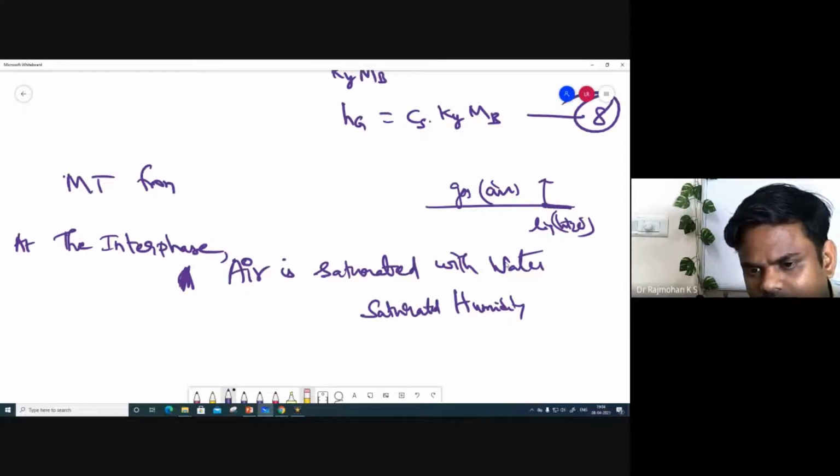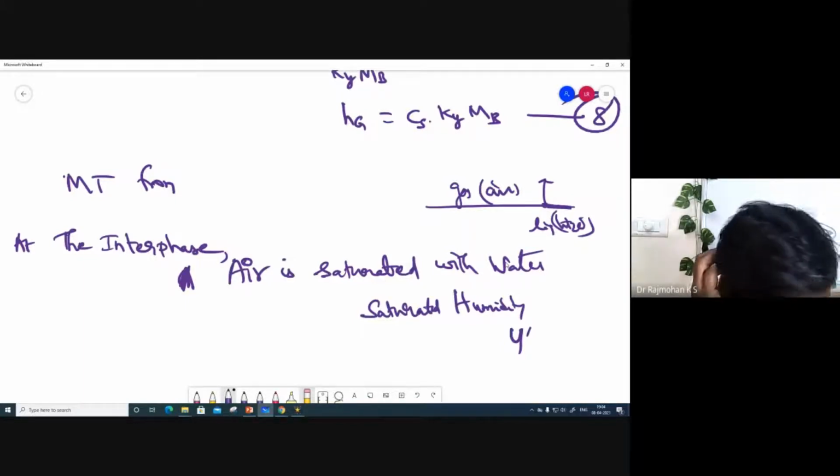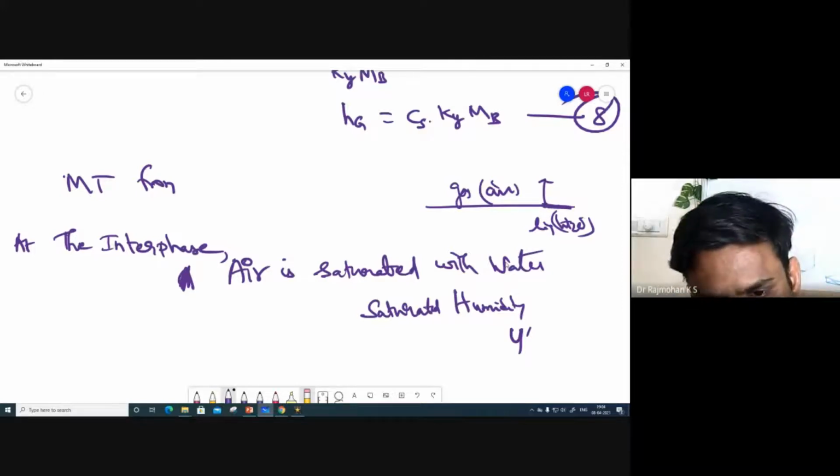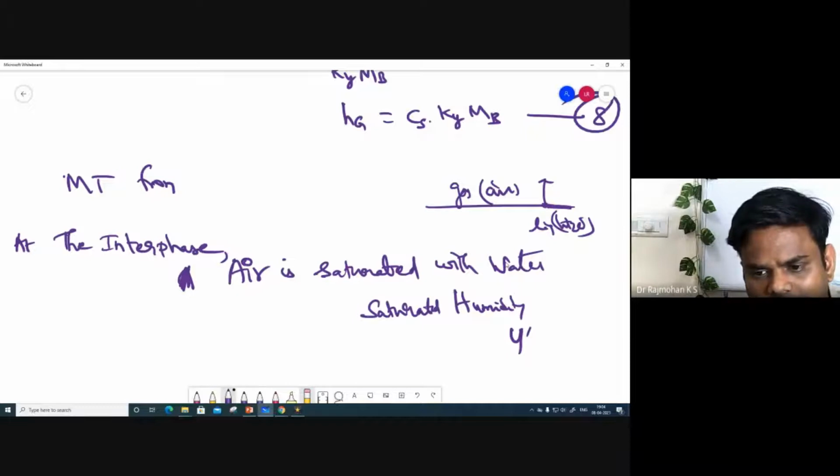That means whatever is your Y value, so that is your saturation humidity only. Okay. So always this humidity at the interface is going to be greater than the humidity in the bulk air, right? Humidity of air at the interface will be greater than, we can say yi dash is greater than y dash, that is in the bulk air. Okay, so that is interface.